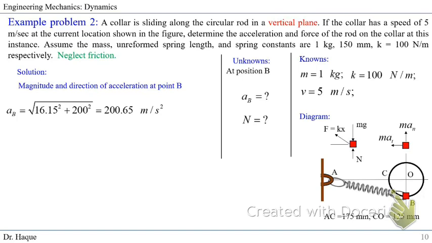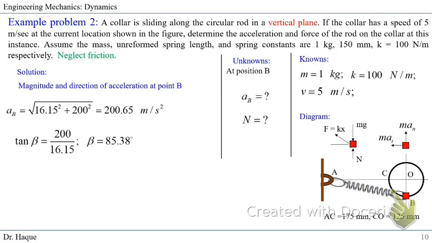The acceleration at point B, a_B, is equal to the square root of the tangential component squared plus the normal component squared. If we plug in the values, we find the magnitude of the acceleration at point B is 200.65 meters per second square.